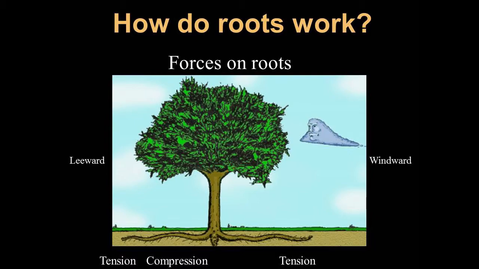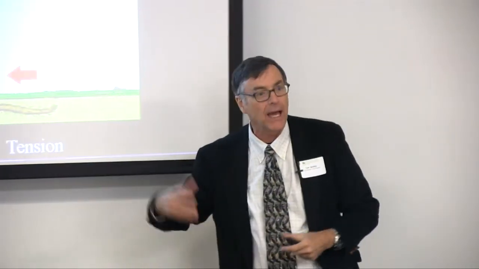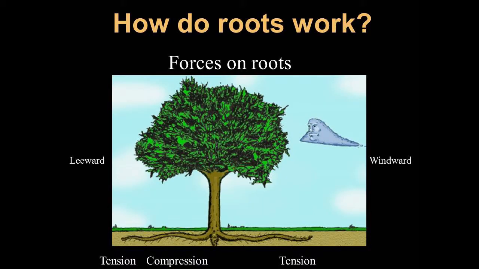That is, all these fine roots out here are going to be acting, if you will, like an anchor on a boat. They're going to grab onto those soil particles and work in tension. Again, this is like our anchor line where the wind is trying to push the tree that way, but these fine roots will anchor it. So again, working in two directions, compression and tension.